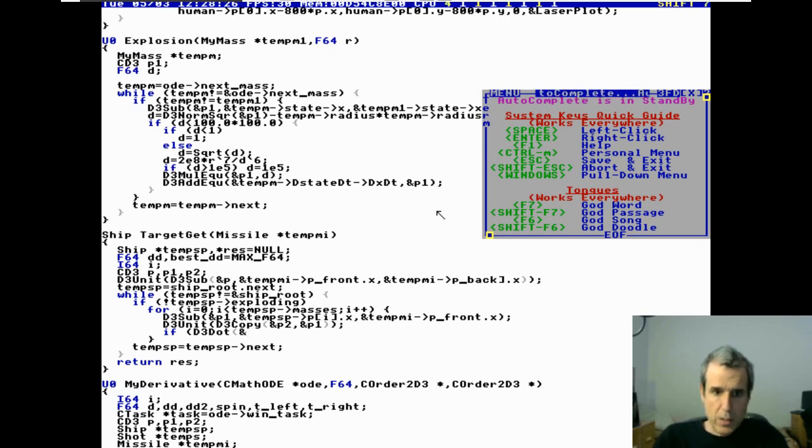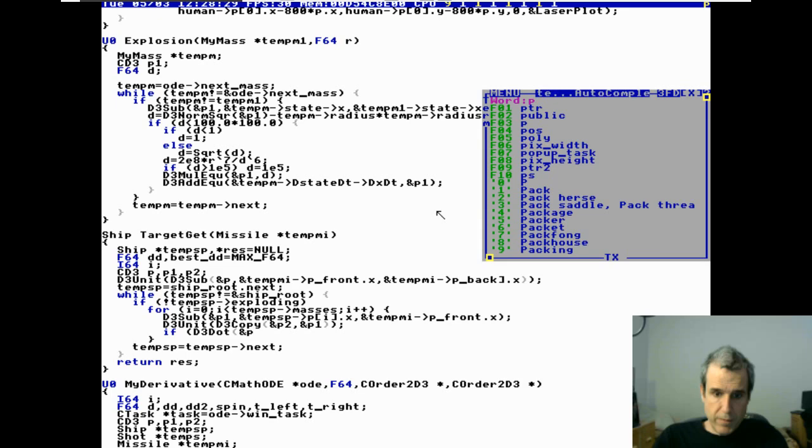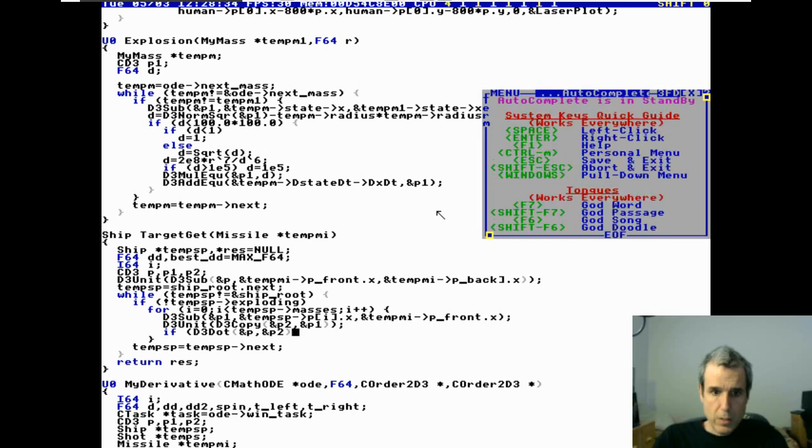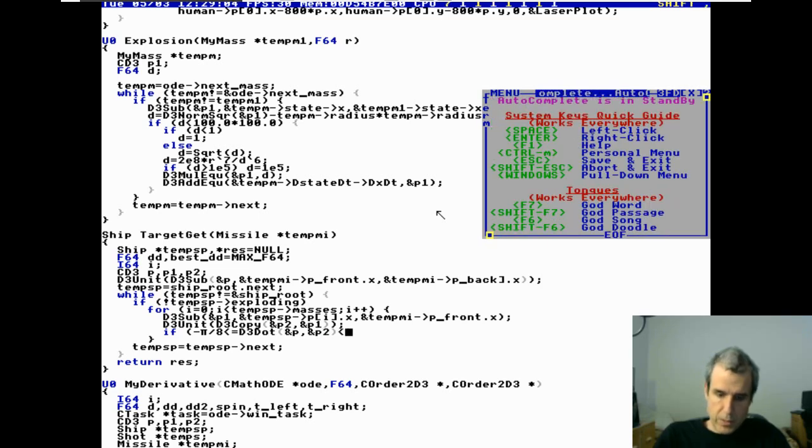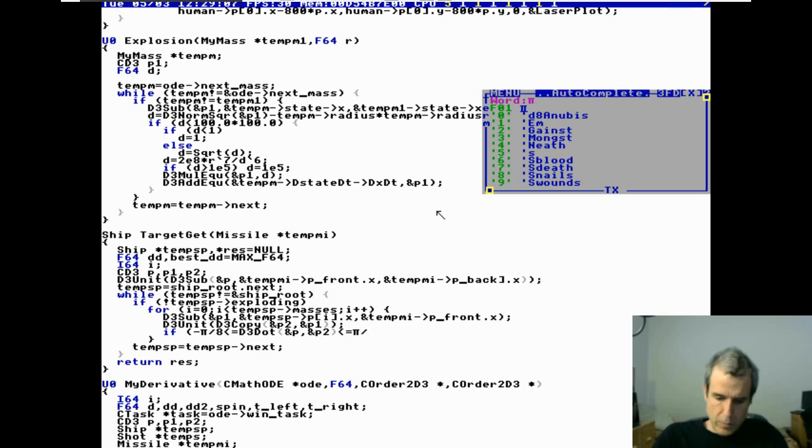Okay, address P is our velocity vector, P2 is our target vector, and if minus pi, we have pi, check this out, pi divided by what do we want, about pi over 2, pi over 4, how about pi over 8, minus pi over 8 less or equal dot less or equal pi over 8.